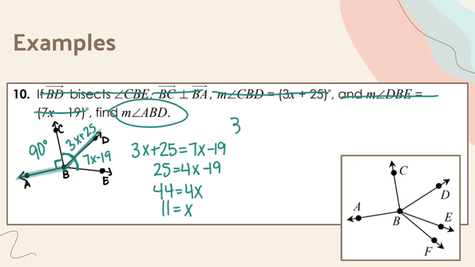So we are going to take 3 times 11 plus 25, and that's going to give us 58. So we now know that we don't need this anymore. This is 58 degrees. And we want to know the measure of ABD, so we can add 90 and 58 together. So 90 plus 58 is 148 degrees.